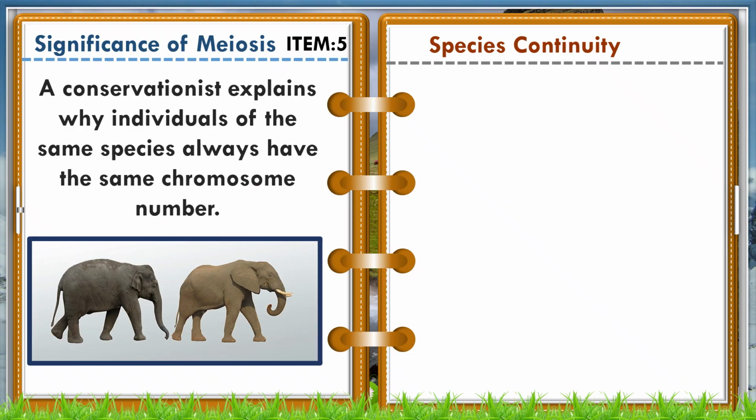Now, we have our diagram here representing elephants of the same species, but they have variation. They look different. But why is it that when they look different, they still have the same number of chromosomes?